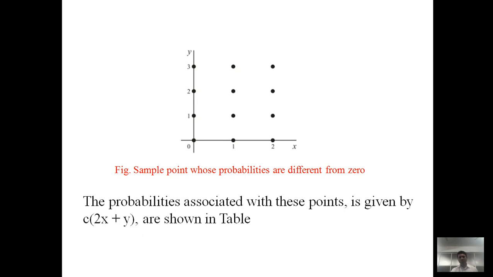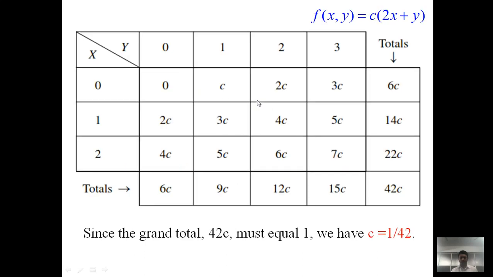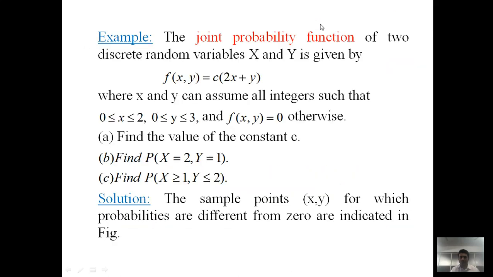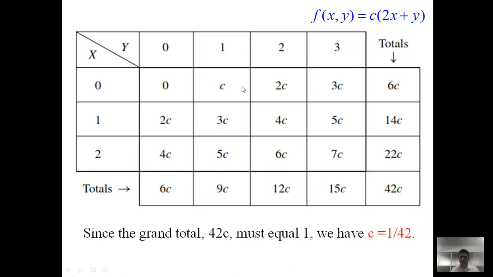So next we have to find the probability at each and every point. For the sake of convenience, we write our function here: f of xy is c into 2x plus y.